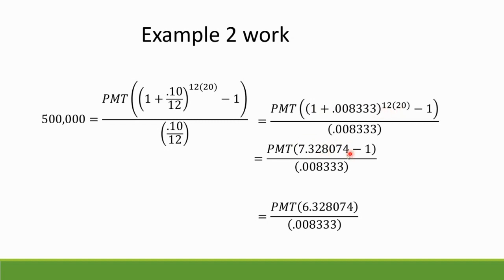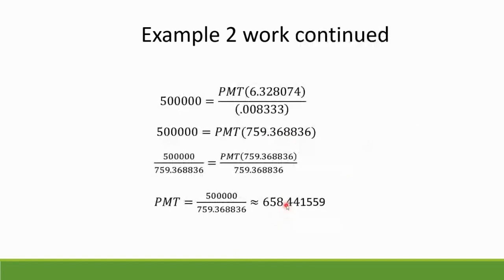So that's what this number is. And we subtract 1, like so, and we end up with this. But remember, PMT is what we don't know. That's what we have to figure out.